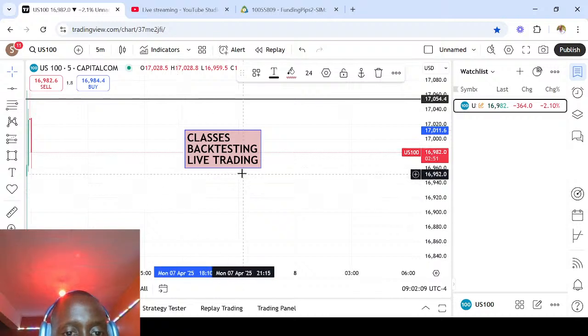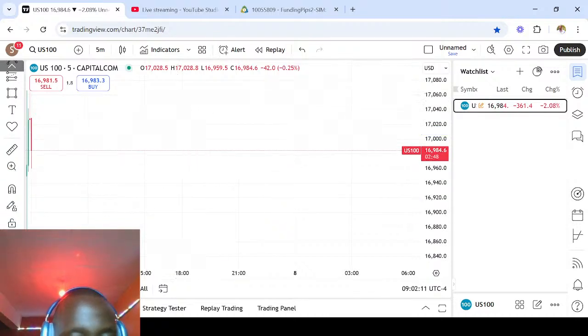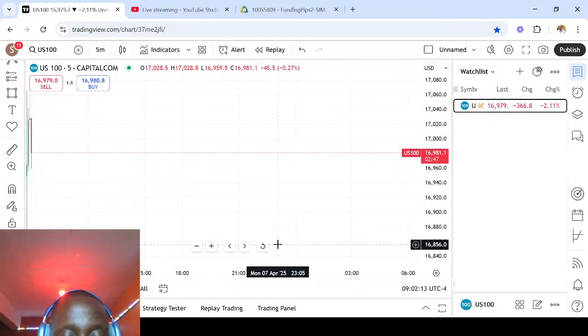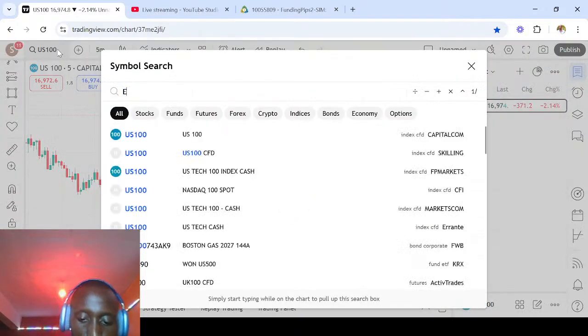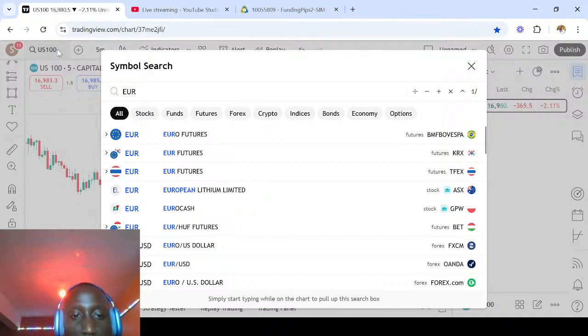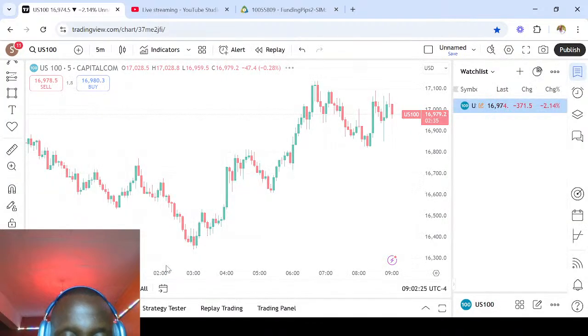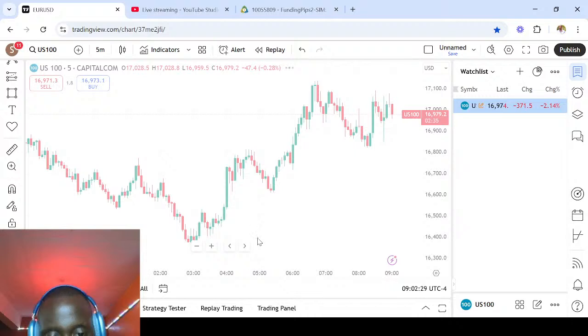Last week we looked at GBP JPY, and today we are going to look at Euro USD. I just want to show you guys that this strategy works on any pair that has candles. Depending on the market cycle, you might be profitable or not.